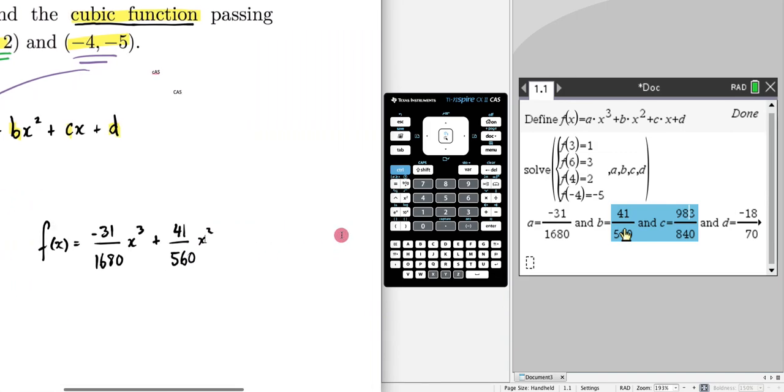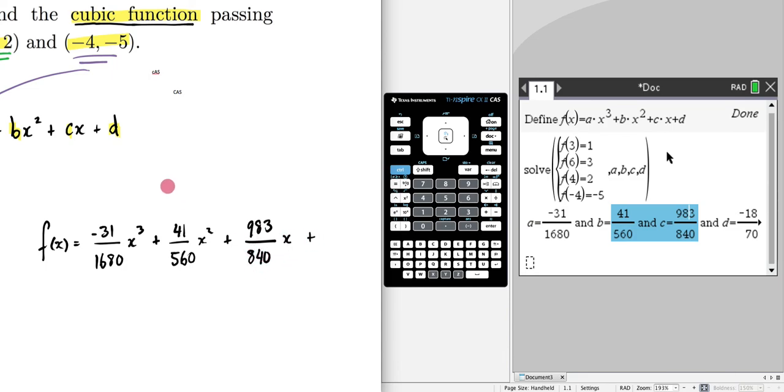Let me now move over a bit. Then I'm going to get plus c. C is going to be 983 over 840, and there's going to be an x there.